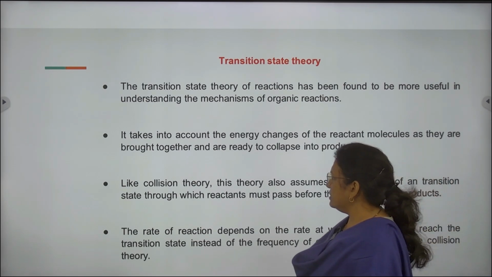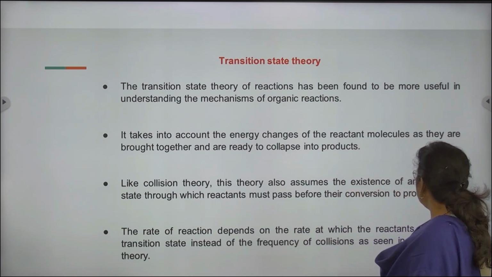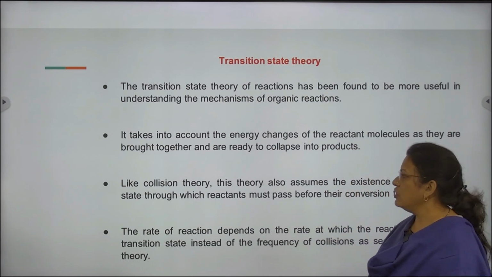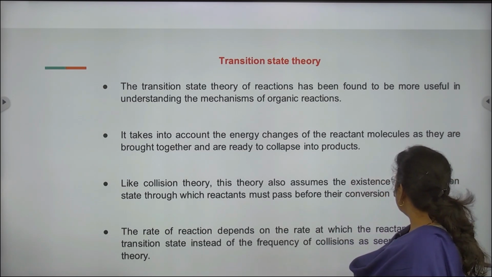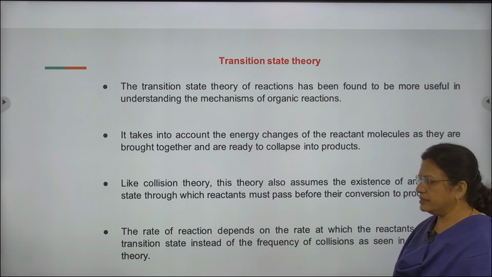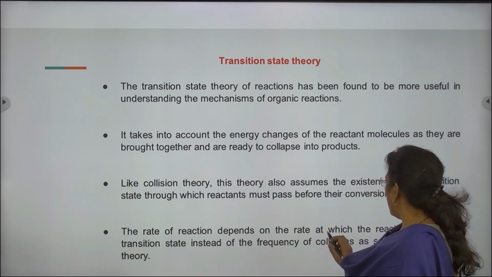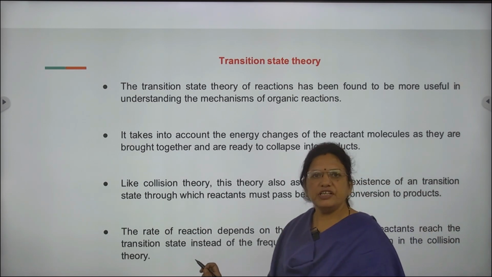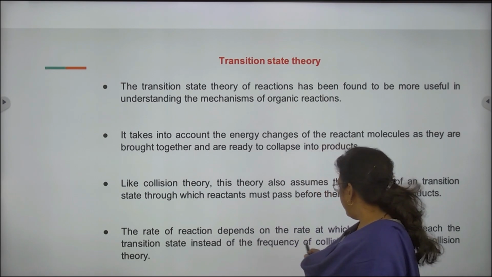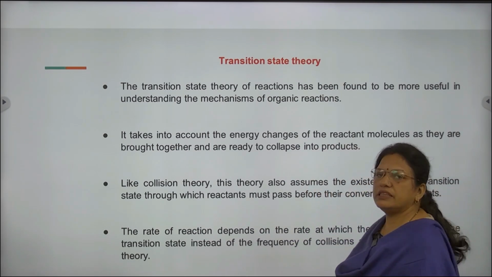Like collision theory, this theory also assumes the existence of a transition state through which reactants must pass before their conversion to products. The rate of reaction depends on the rate at which the reactants reach the transition state instead of the frequency of collisions as seen in the collision theory.